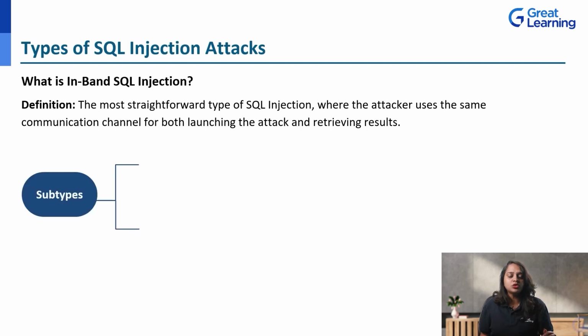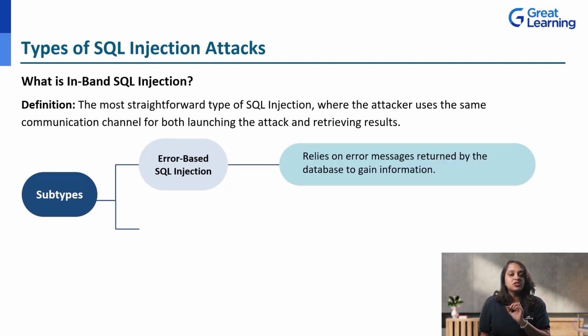There are again two subtypes of this in-band SQL injection. We'll see what those are. One is error-based SQL injection, as I've already discussed. Error-based relies on the error message returned by the database to gain information, right? Which means I'm triggering an error in your database, and using that I am gaining some information. The second subtype is union-based SQL injection.